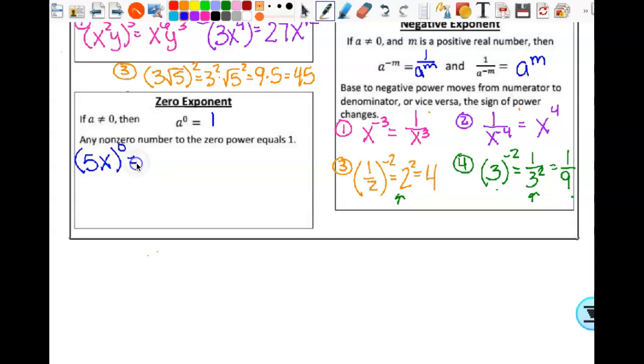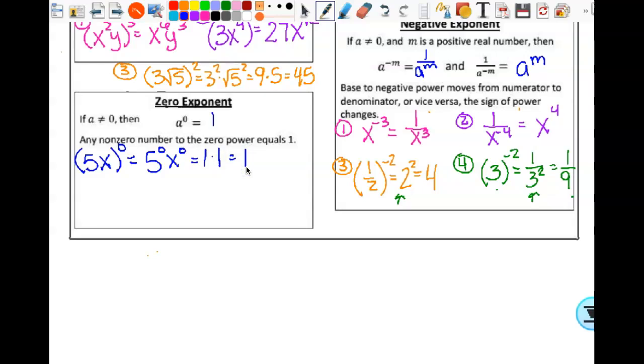Okay, so if we first, which again, we wouldn't necessarily have to write all this in between, but sometimes you need to make things make sense to you. I can do the power to a product rule. This would be 5 to the 0 times x to the 0. What's 5 to the 0? 1. X to the 0 is 1. That's where you get 1 from. So since the whole thing is to the 0 power, it makes it 1.